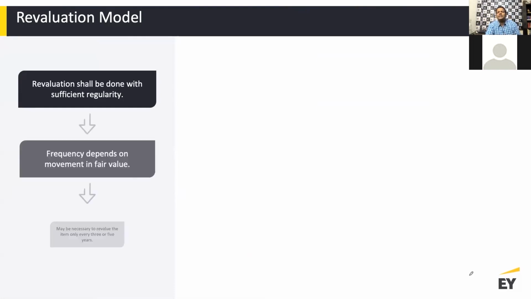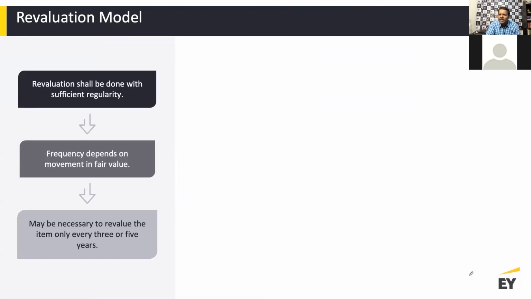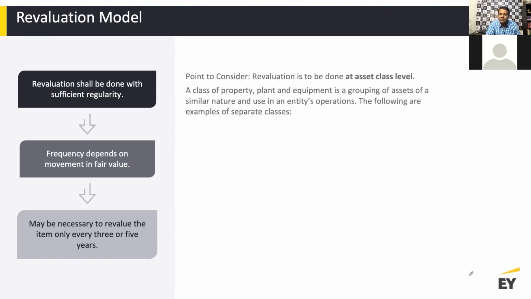So the frequency actually depends on the movement in fair value. So if you have evidence, if you have reasons to believe that there is a change in fair value, then you need to do it. Otherwise, you've got to keep on assessing at every, say, 3 to 5 years, right? At every 3 to 5 years is what you need to look at from a change in fair value of property, plant, and equipment.